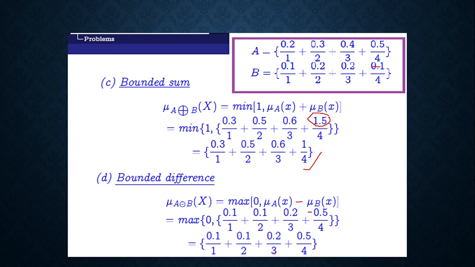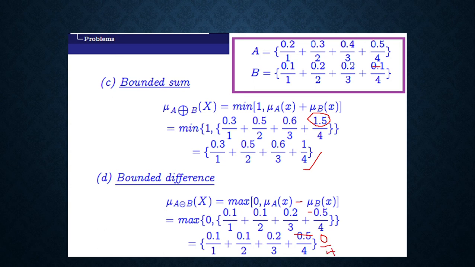Hence, for 3, the membership value is 0.2 again. But for element 4, of 0 or minus 0.5, 0 is maximum. So the membership value for element 4 would be 0 by 4, right?